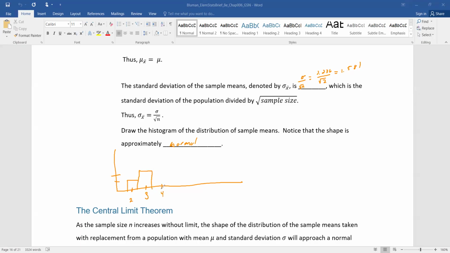For 4, we got 3. For 5, we got 4. For 6, we got 3. For 7, we got 2. And for 8, we got 1. So you can see this is definitely approximately normal.